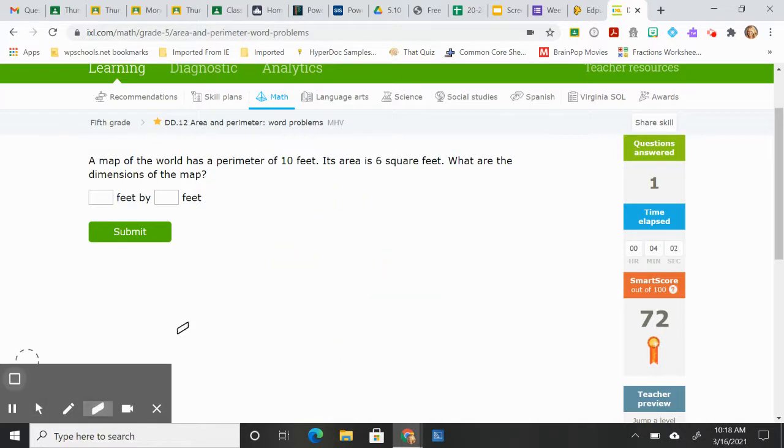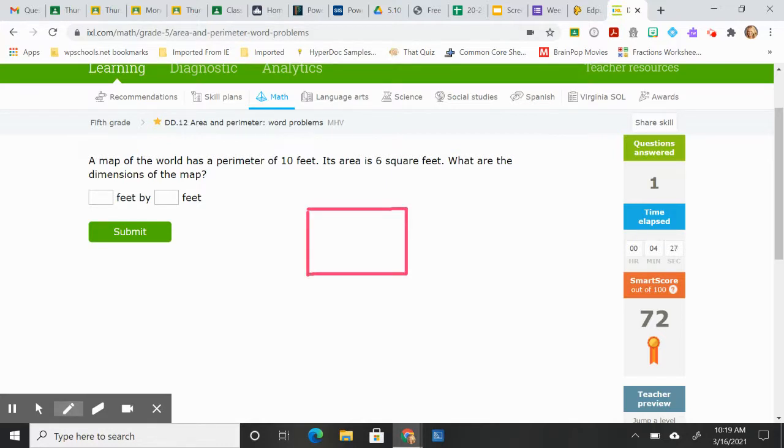So a map of the world has a perimeter of 10 feet. Its area is 6 square feet. What are the dimensions of the map? So what are the measurements of the map?